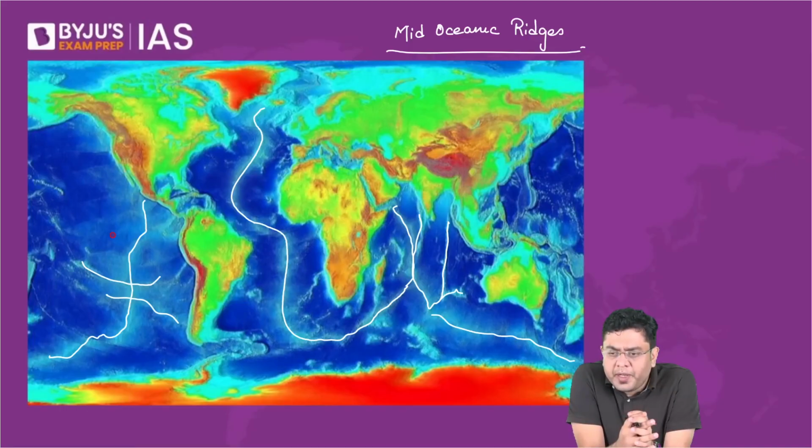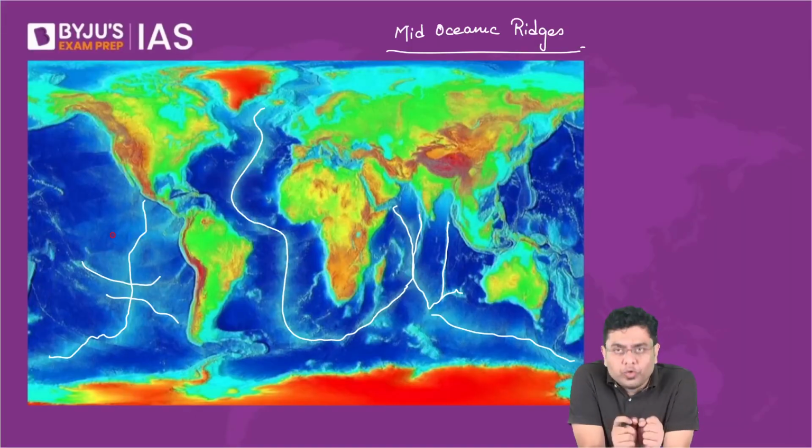Can you please explain in brief paleomagnetism? I hope you want to understand paleomagnetism. Paleomagnetism is the ability to calculate the age of the rocks based upon the ancient magnetic properties exhibited by the rocks, based upon the magnetic field lines of arrangement of the particles in the rock.